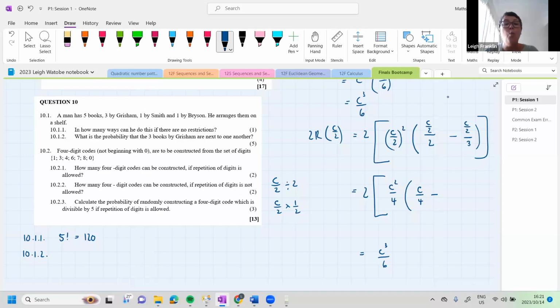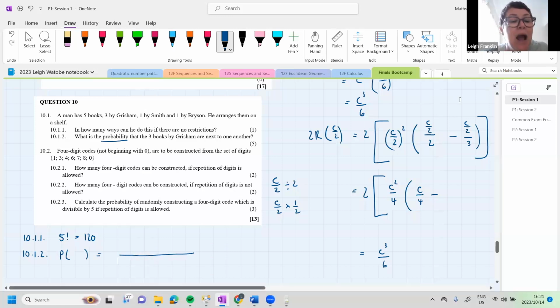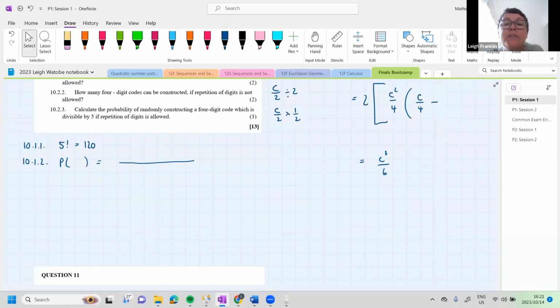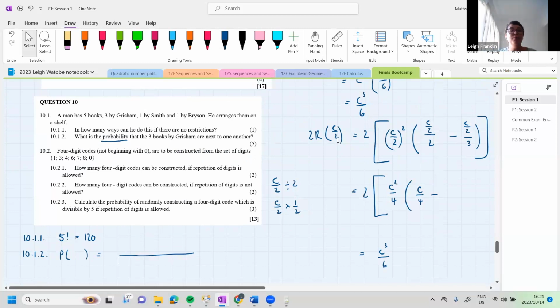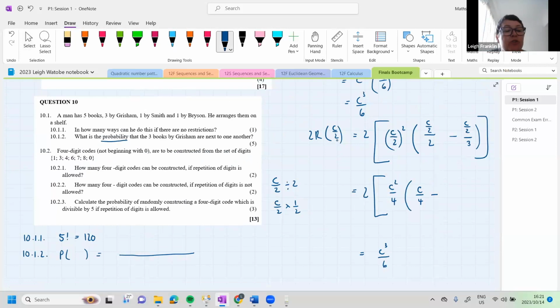So when they ask us a question on probability, we have to create a fraction. Our denominator is going to be the number of possible ways in which these books can be arranged. So that's the 120, or the 5 factorial.